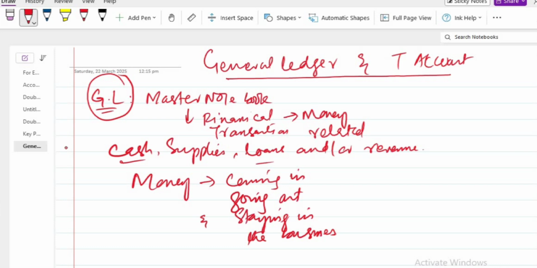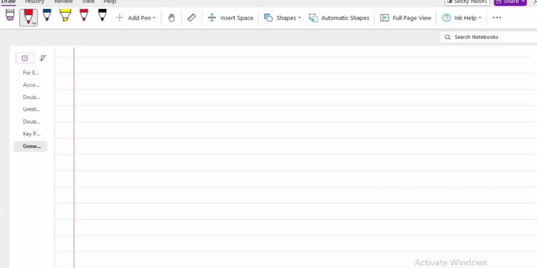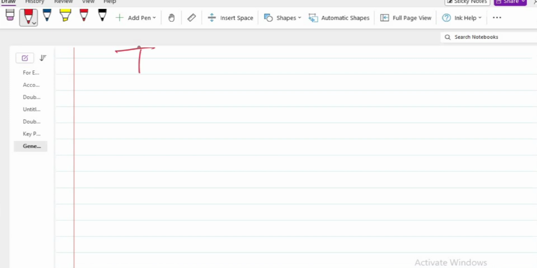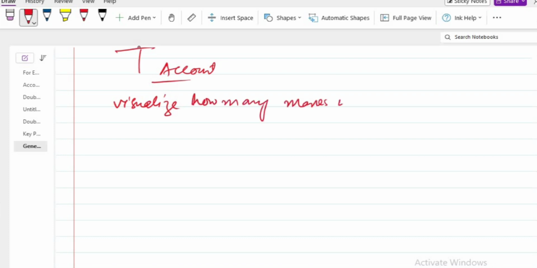Now let's move on. We have to discuss the T account. It looks like a big T, so we call it a T account. A T account is a simple tool used to visualize how money moves in and out of an account in the general ledger.